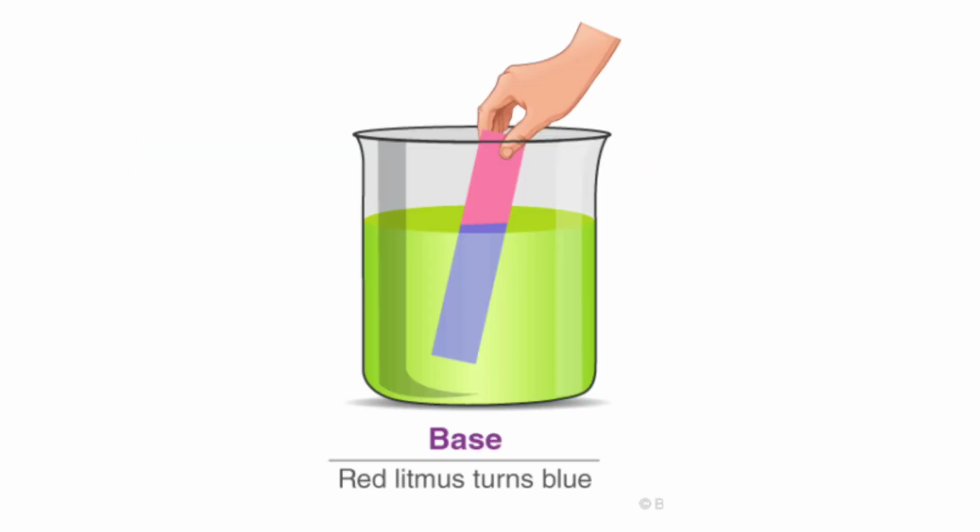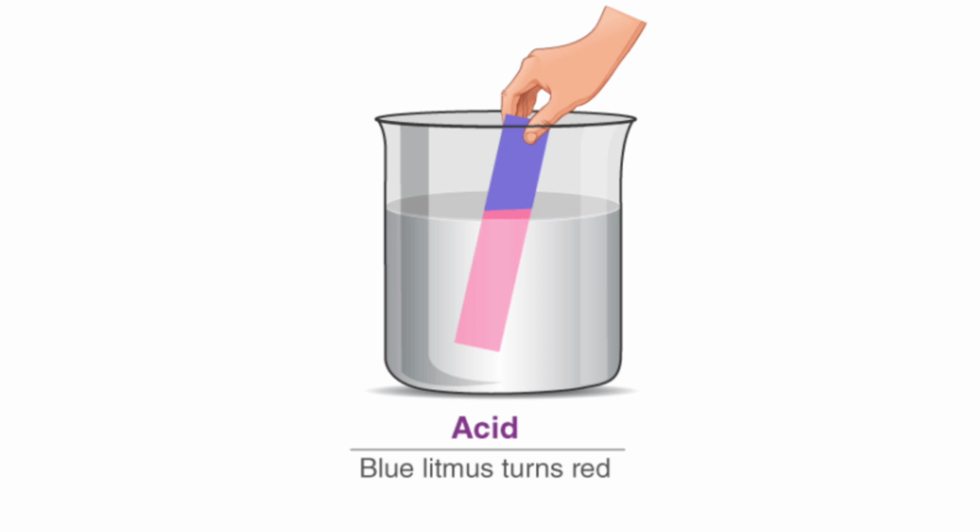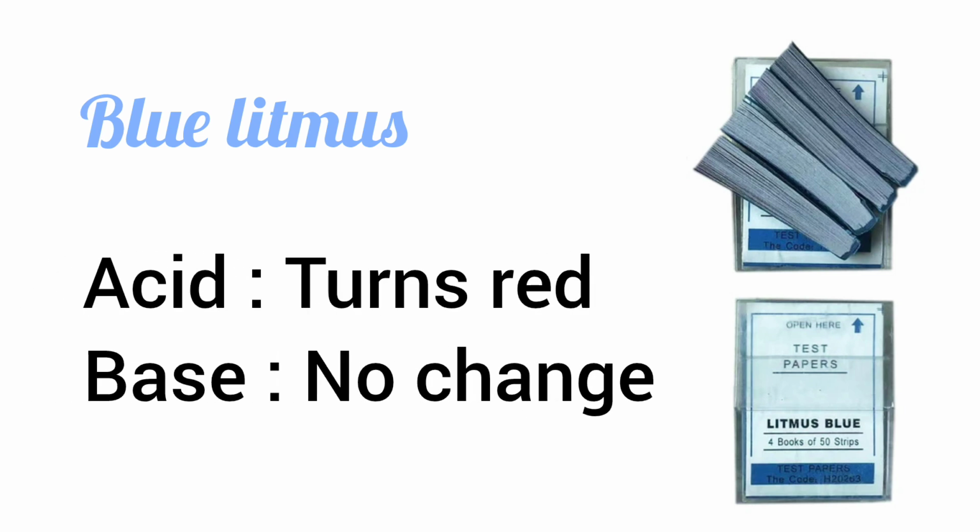But if it is dipped into a base, it will turn blue. As for blue litmus papers, if it is dipped into an acid, it will turn red, and if it is dipped into a base, the color does not change.